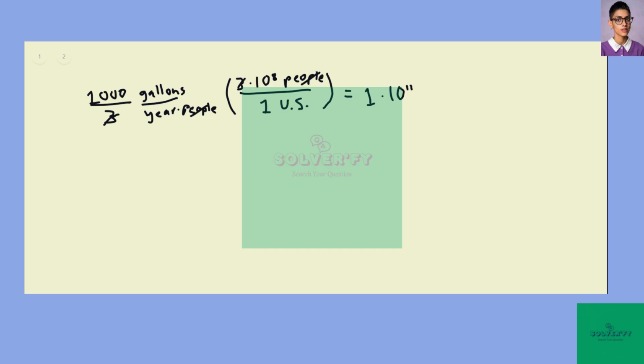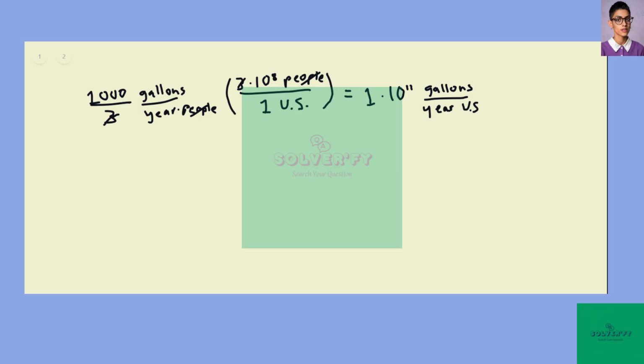Peoples cancel out. Gallons per year in the United States.